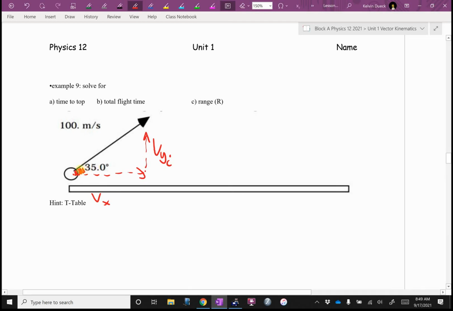That 100 is the hypotenuse. Vx is adjacent, Vy initial is opposite. Let's find Vx first.